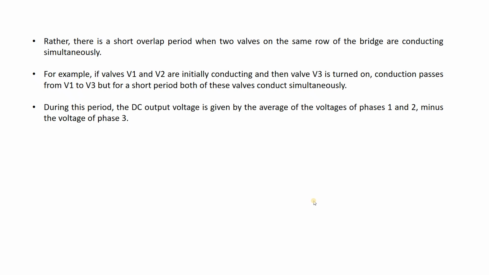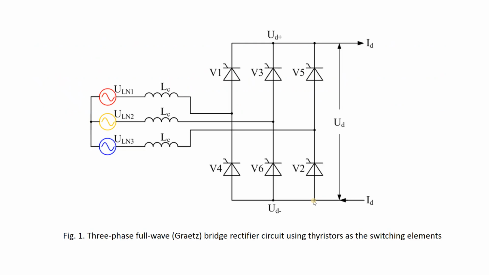During this period the DC voltage is given by the average of the voltages of phase 1 and phase 2 minus the voltage of phase 3, because V1 and V2 were first operating. Now V3 has started, so V2 has been switched off, but V1 is not switched off yet.